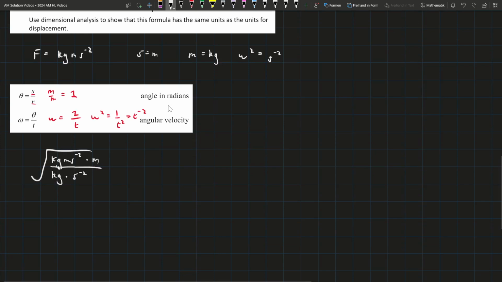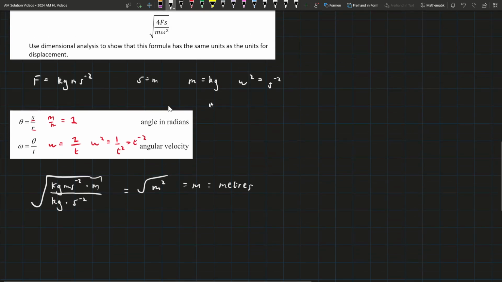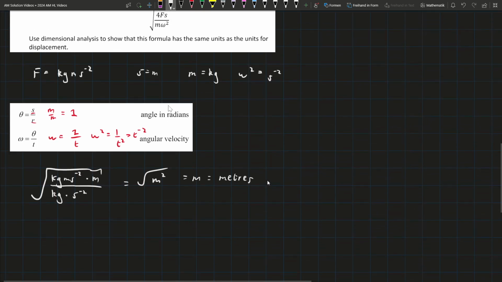So you can see the kgs will cancel on the top and bottom. S to the power minus 2 cancels on the top and bottom. We're just left with the square root of meters squared, which is equal to meters, which is equal to, I'll just write the word meters, just because M can sometimes mean mass, make it very clear, which is the unit of displacement. I don't know why they gave a whole A4 page for that, but that's how you do it.